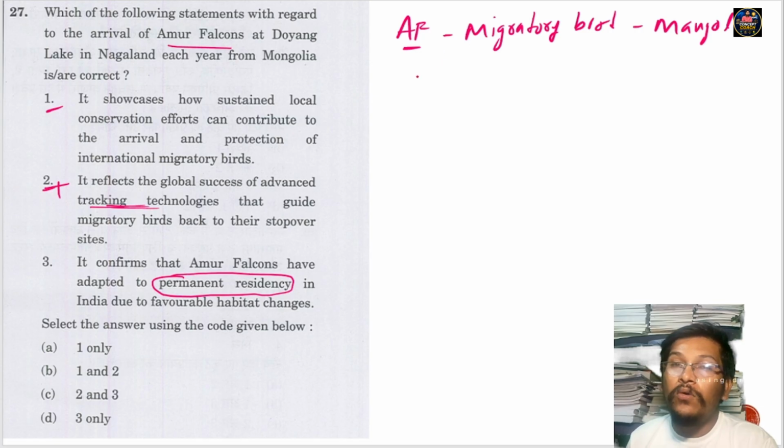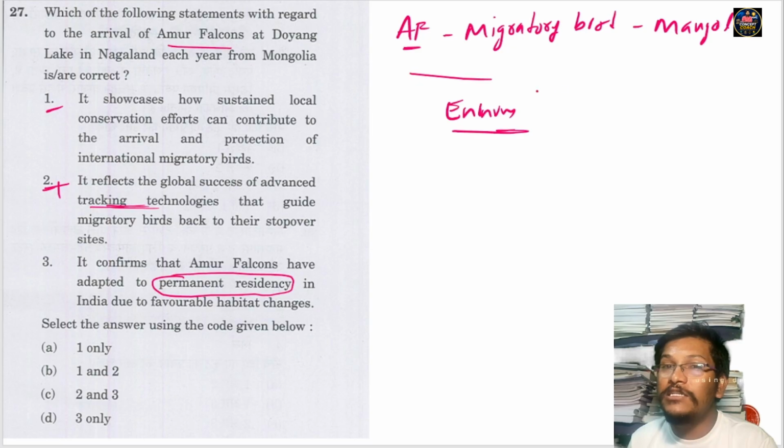We have to know one more thing. In Nagaland, the local name of these birds is Eninum, meaning mysterious creature.